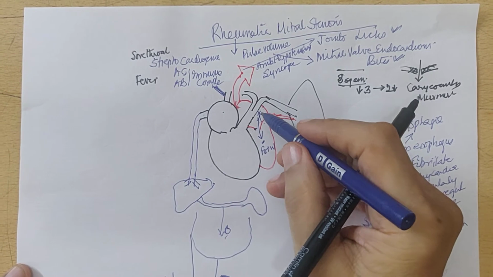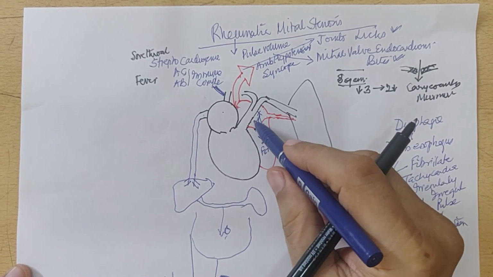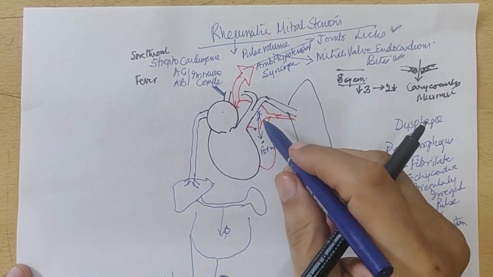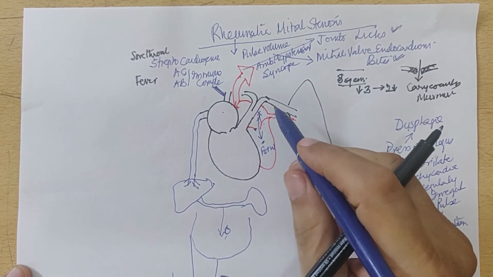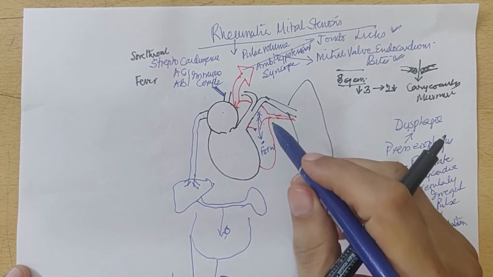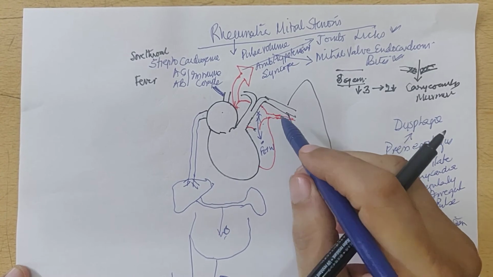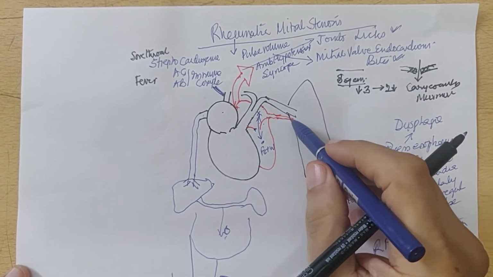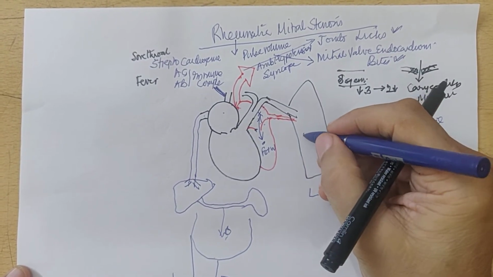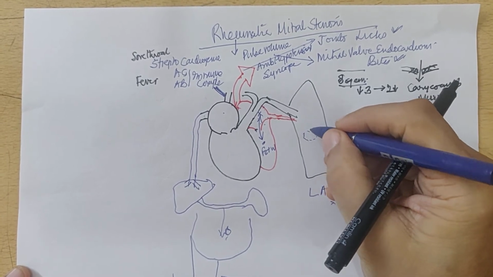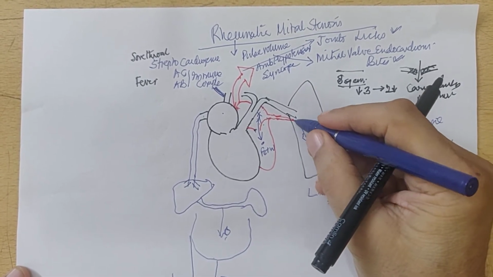Then from the atrium, which can cause thrombosis, sudden death, dysphagia, fibrillation, we move to the pulmonary vessels and we find that there is congestion of the pulmonary veins.